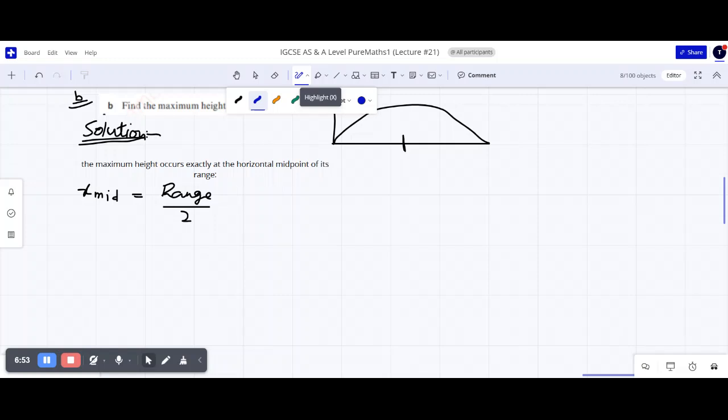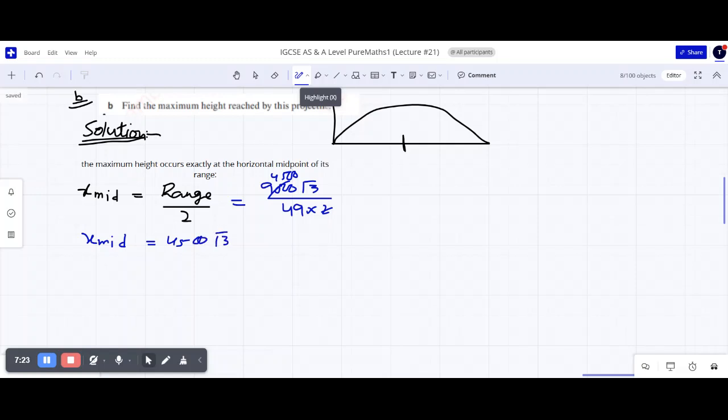So the x value, as we already got, the range is 9000 root 3 over 49, divided by 2. So the x midpoint is equal to 4500 root 3 divided by 49.